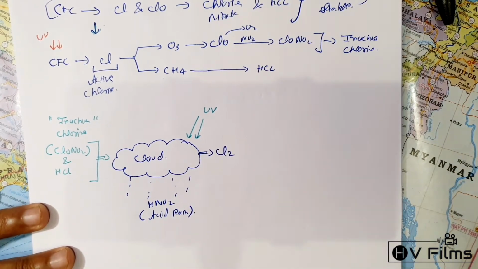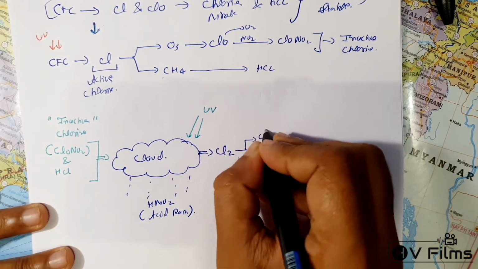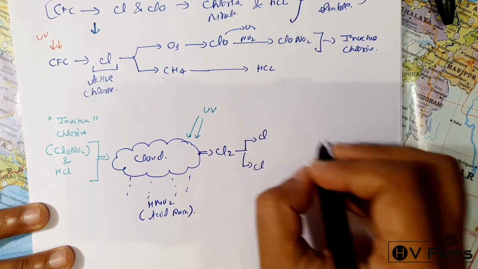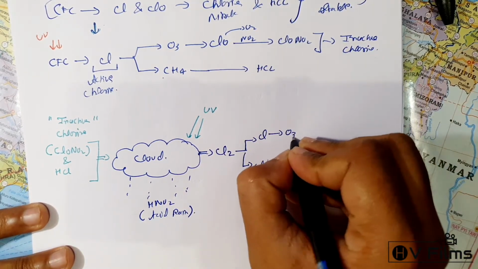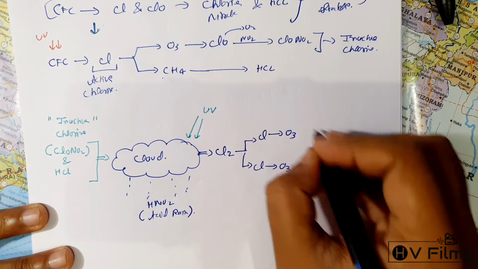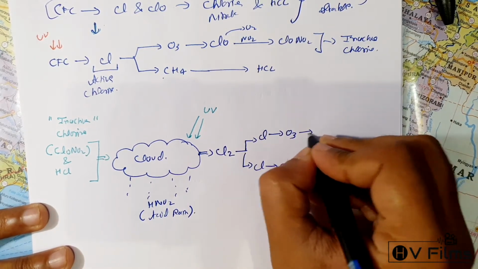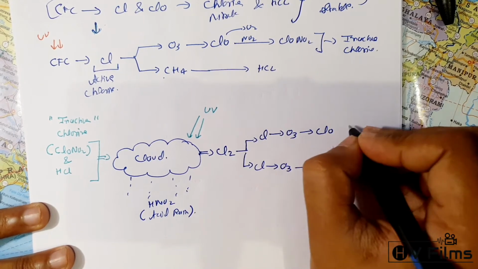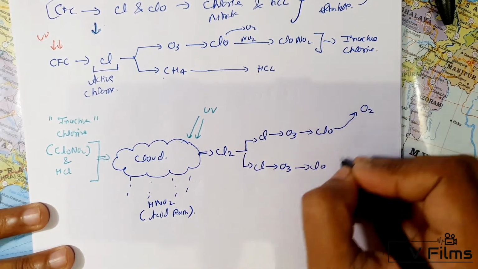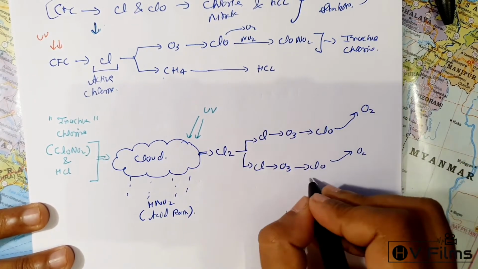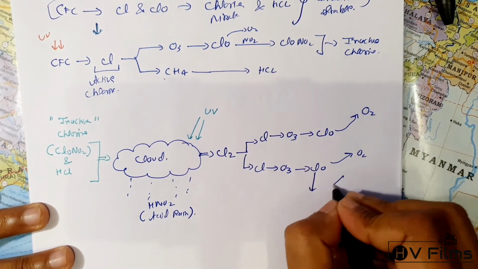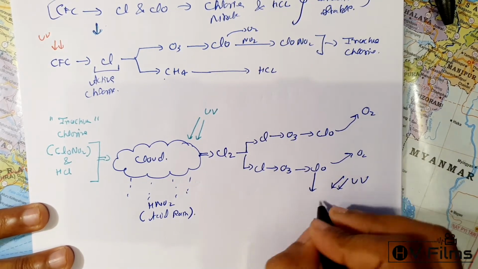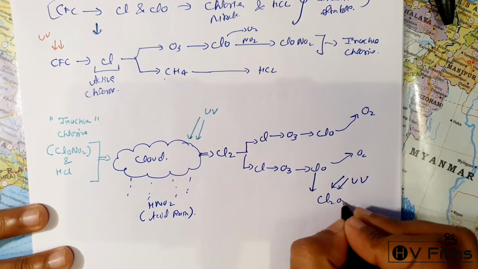Now this Cl2 will have one Cl and one Cl, which will react with ozone again, which will again result in the formation of ClO that we have discussed previously, which will again react with the oxygen, and then again there will be a UV strike over it, and then again Cl2, O2, and then again oxygen.